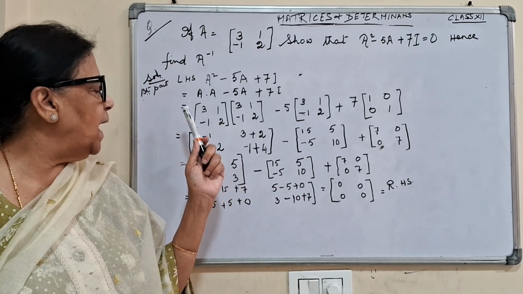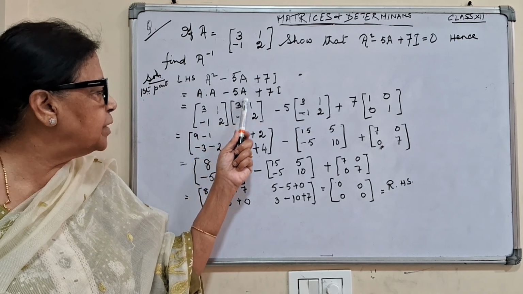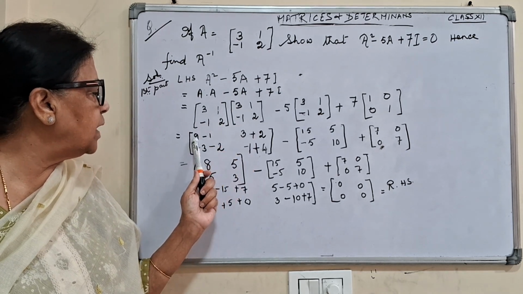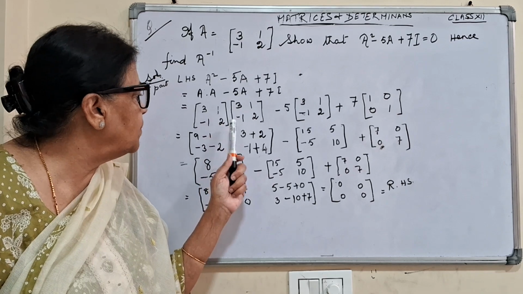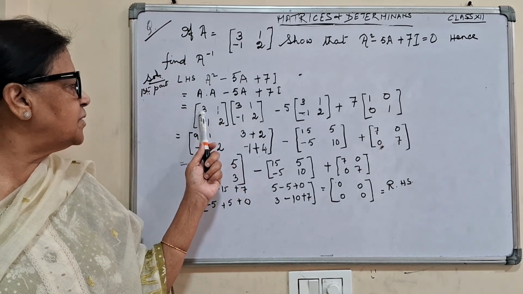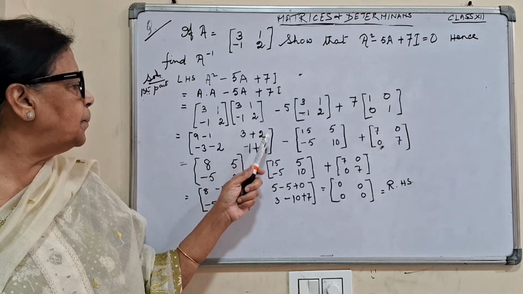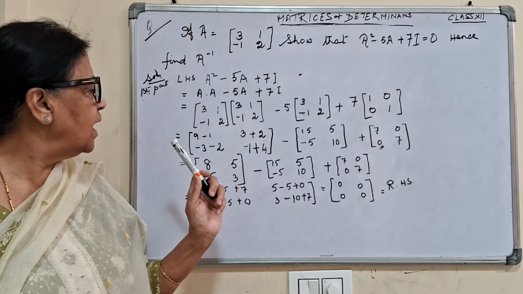Then I multiply this row into this column. See, look here, 9 minus 1. Then this row into this column, 3 plus 2.